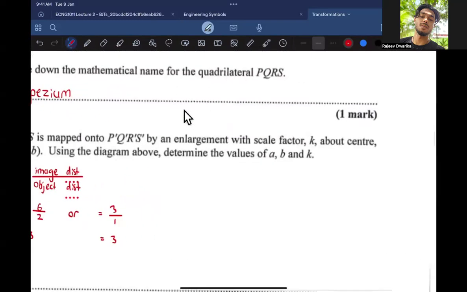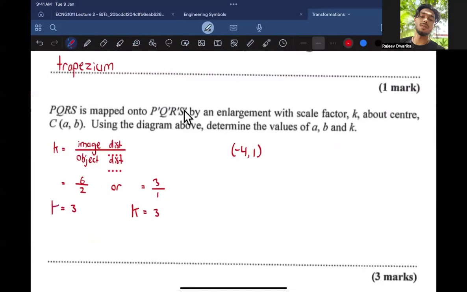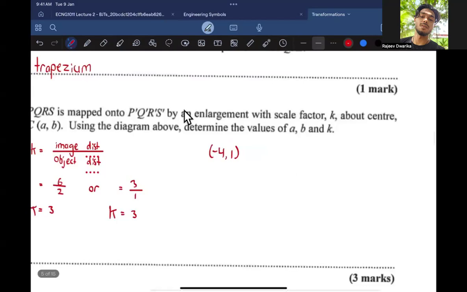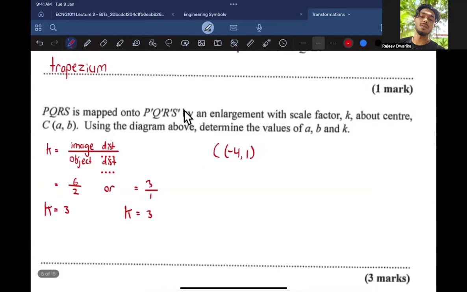So my center of enlargement is -4, comma 1, that is C. What I want us to find is, tell me what A and B is. A and B is -4 and 1. Where is A? A is -4. And where's B? 1. If anybody is confused by this, now is the time to tell me.